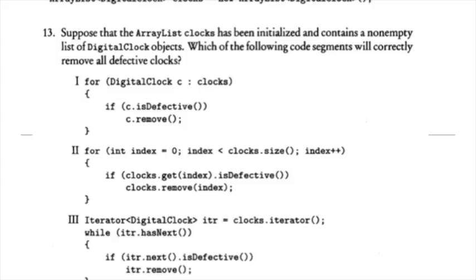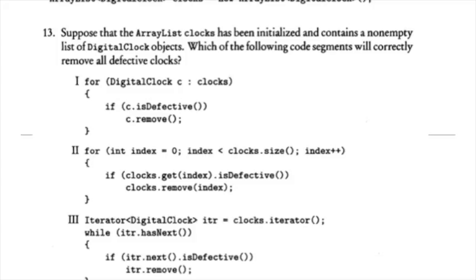First is the for loop: for DigitalClock c in the ArrayList clocks, if c.isDefective, c.remove. It seems very logical that if this object is defective, then we just remove it.